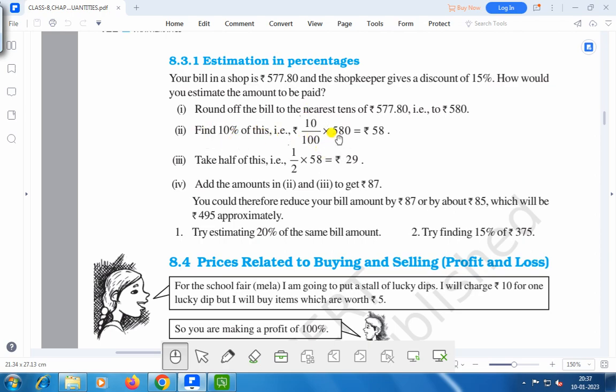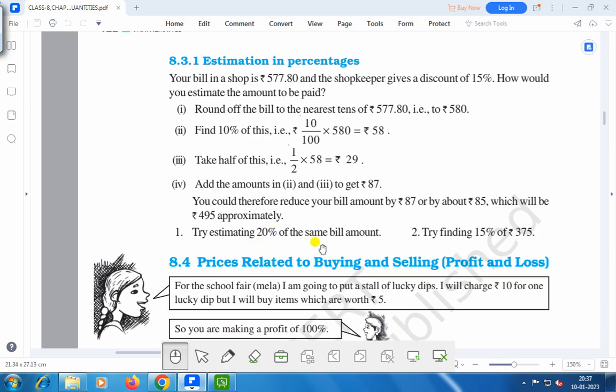That is 10 by 100 into 580, that is 58. Take half of this. That is half, 1 by 2 into 58, that is 29. Add the amounts 2 and 3, that is 58 plus 29 is 87. You could therefore reduce your bill amount by rupees 87, or by about 85, which will be rupees 495 approximately.